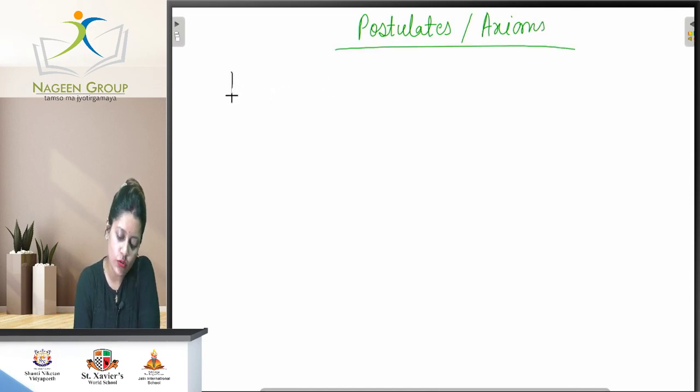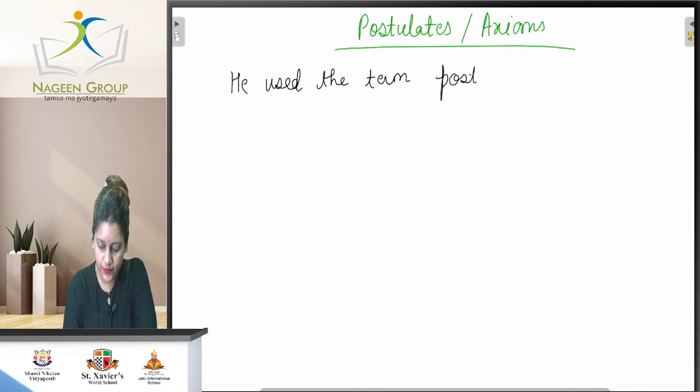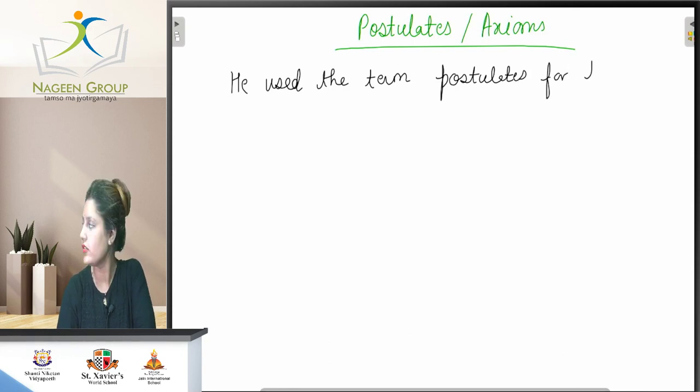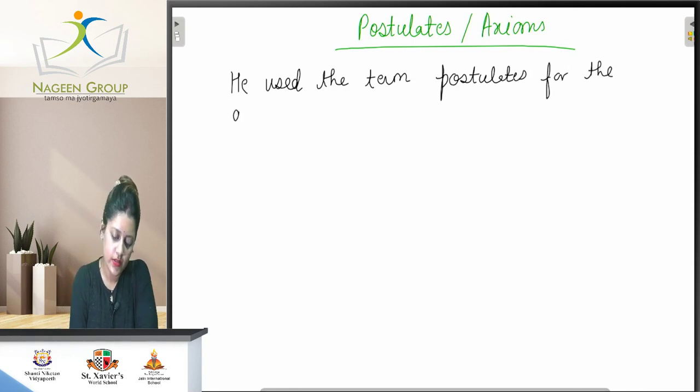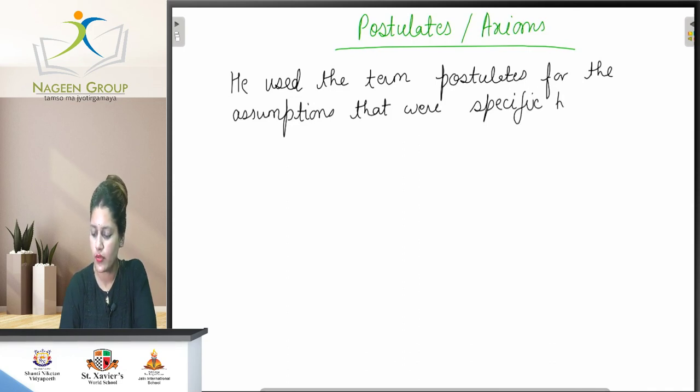First, he used the term postulates for the assumptions that were specific to geometry.